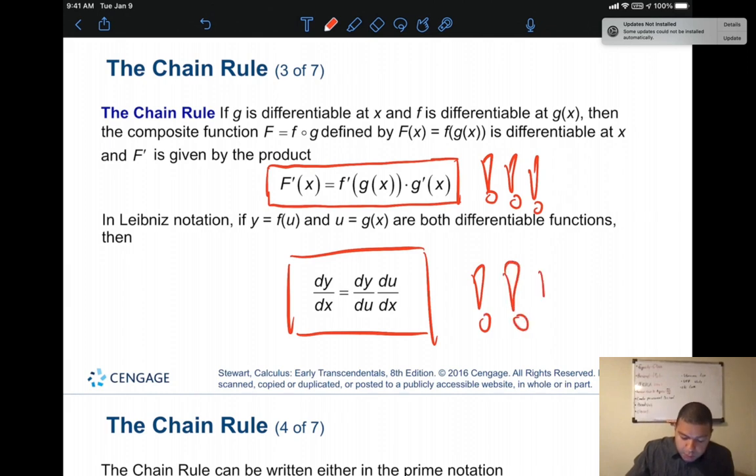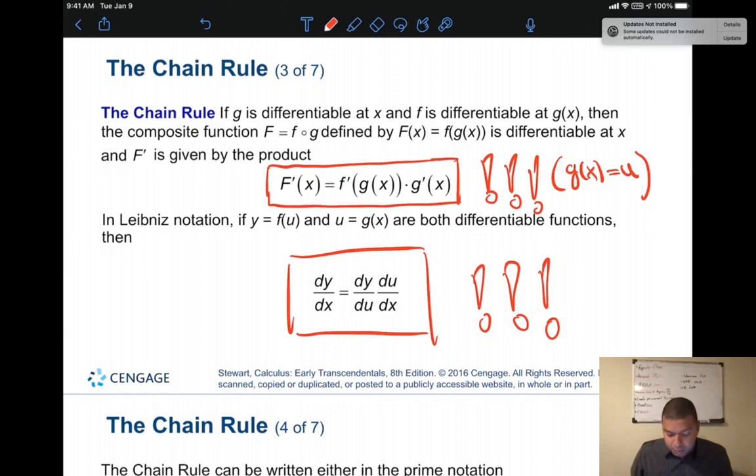I find the second boxed equation, in Leibniz notation, a lot easier to remember, but the first one is sometimes useful as well, and I'll use it. So you have to be able to recognize that it's the same thing. In this case, just in case you were wondering, g of x equals u, is what we're calling it, and that's where it comes from.